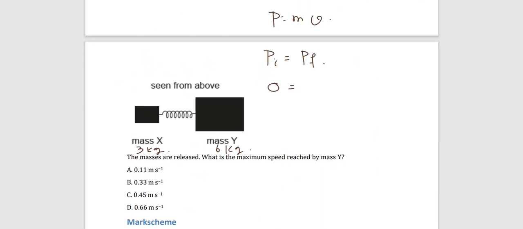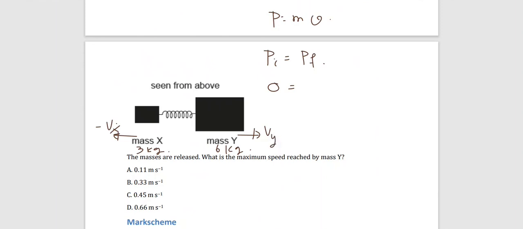Then they start to move in the opposite direction. Mass X will move to the left, so the velocity here will be negative, Vx. And mass Y will move to the right, so the velocity of object Y will be positive.